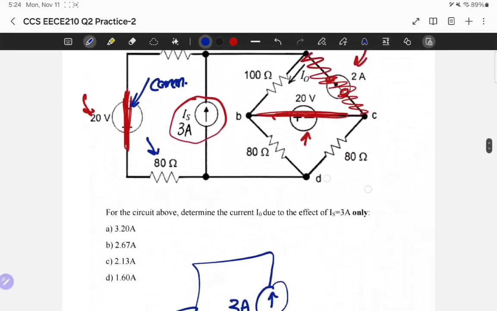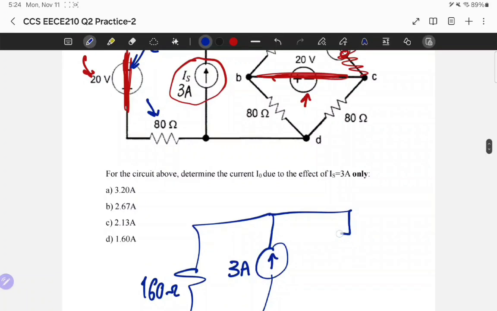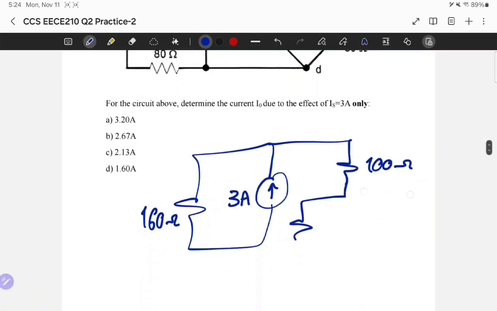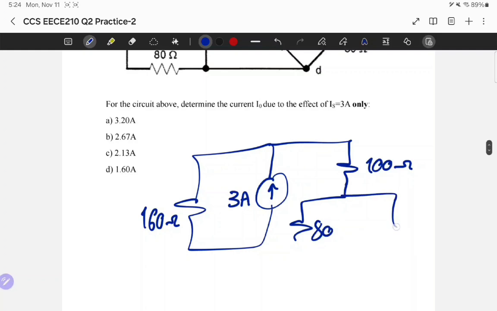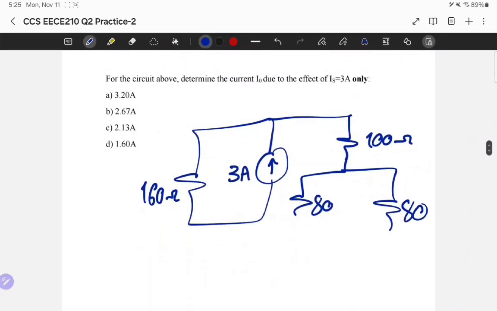And then this here doesn't exist, so I'm going to draw 100 ohms like this, and then 80. I'm just copying the figure, okay? After the edits, after deactivating the sources. So this is the shape of the circuit we have.